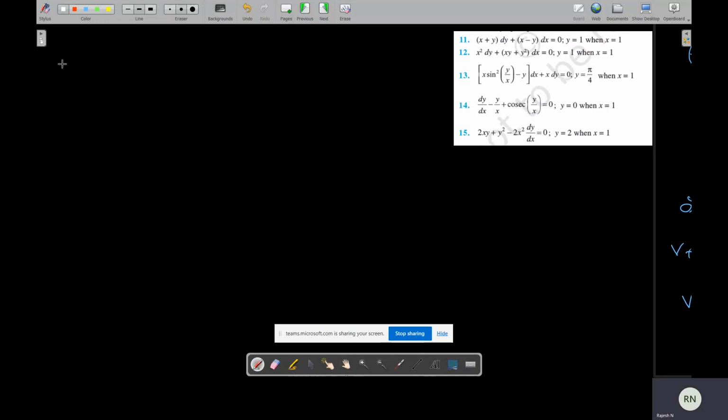Question number 13. (x sin squared (y by x) minus y) into dx plus x dy is equal to 0.